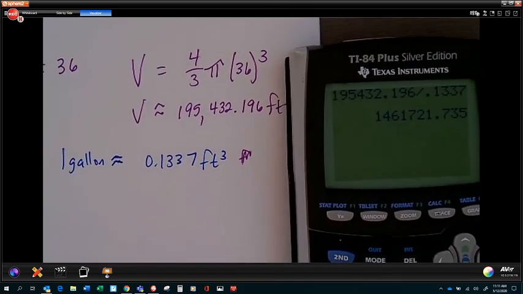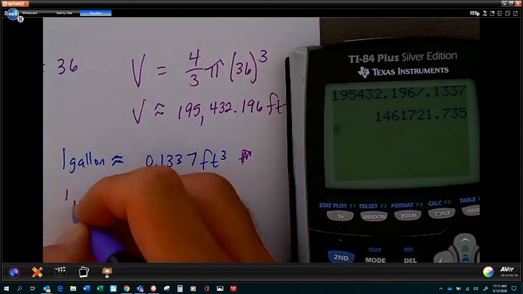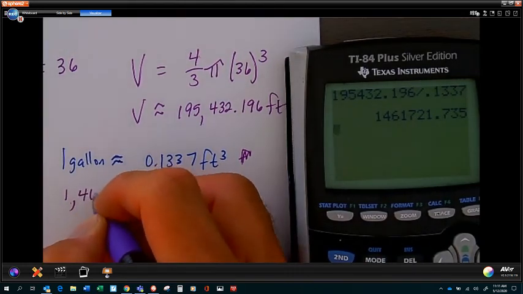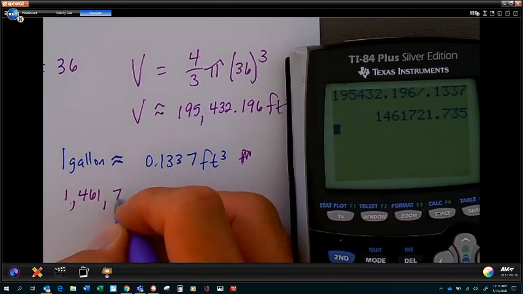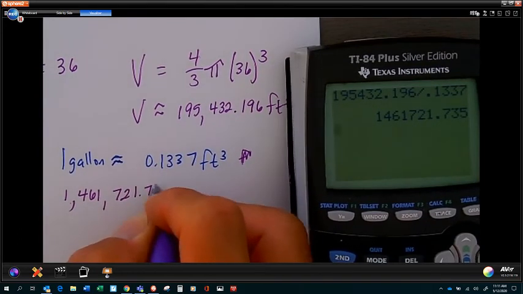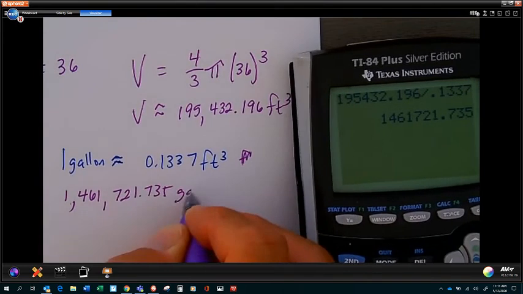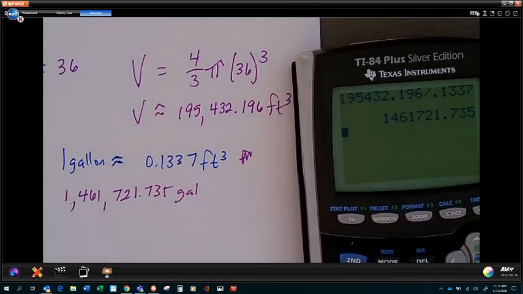And when I do that, we end up with 1,461,721.735 gallons of helium. And the question actually told us to round it to the nearest gallon.